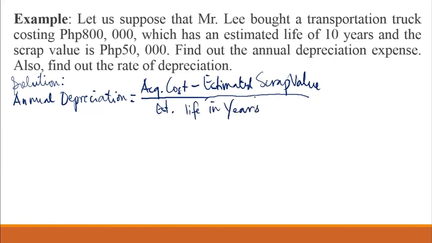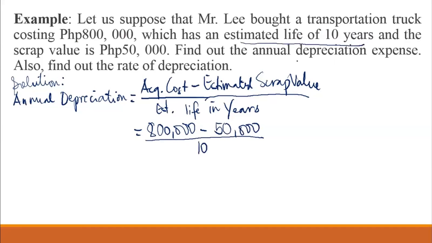So, we just substitute the values. Our acquisition cost is 800,000 minus the estimated scrap value of the transportation truck, which is 50,000 pesos, over the estimated life in years, which is 10. The estimated life of the truck is 10 years.